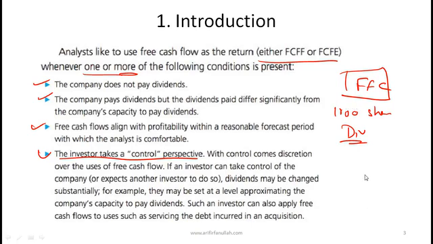Now let's say we talk about another small company called Fatima Fertilizer, and you are a large industrialist who is planning to take over this company. This company also pays a dividend, but your plan is to take this over, and you believe that this company has a tremendous opportunity to expand.